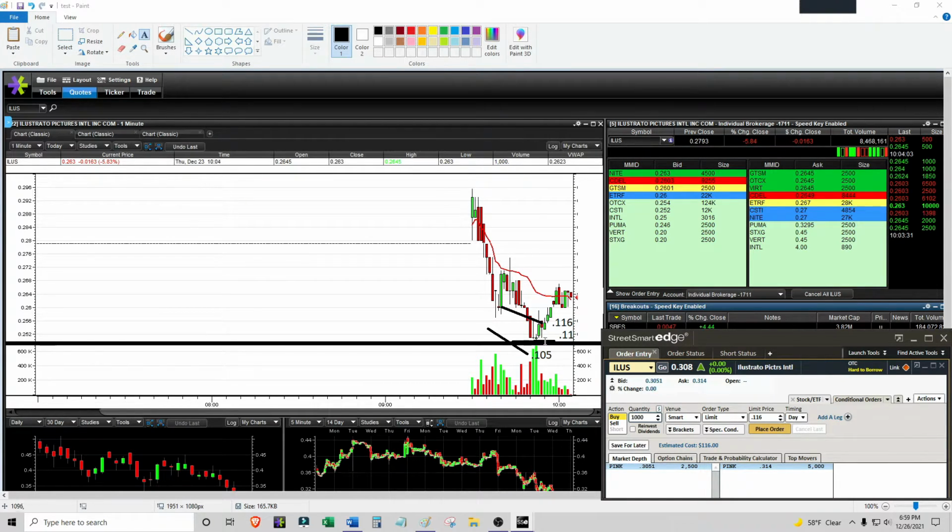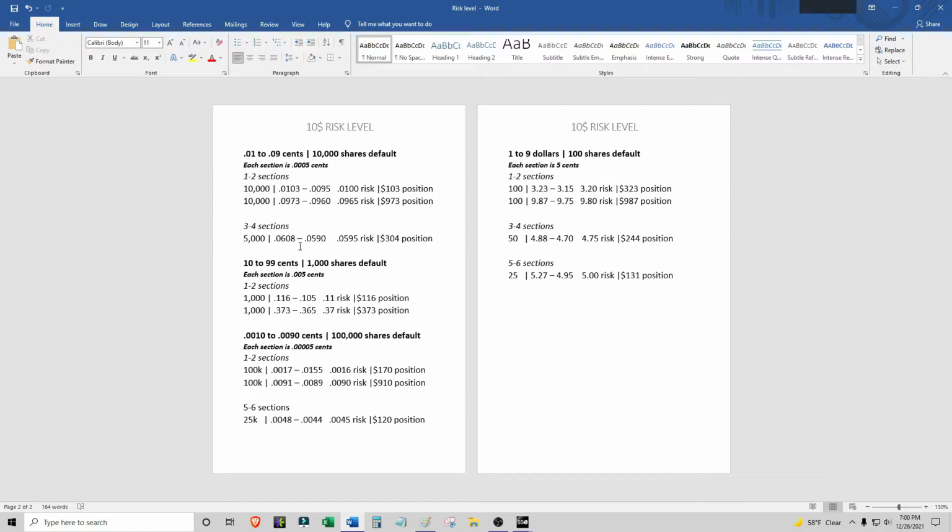Maybe in this case it breaks 11, you're in at 11.6 and you're out at 10.5. So 11.6 is a $116 position, and you're out at 10.5. That's about 11 bucks, which follows a $10 risk level. Here was an example of a 10 to 99 cent stock that was only 1 to 2 sections.